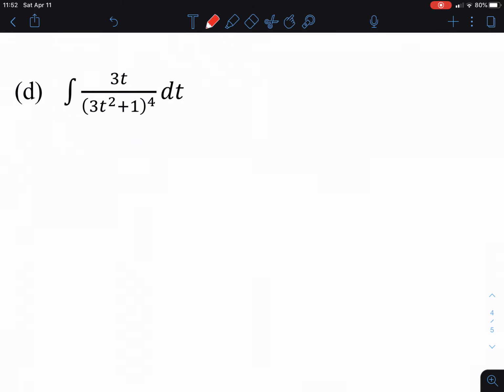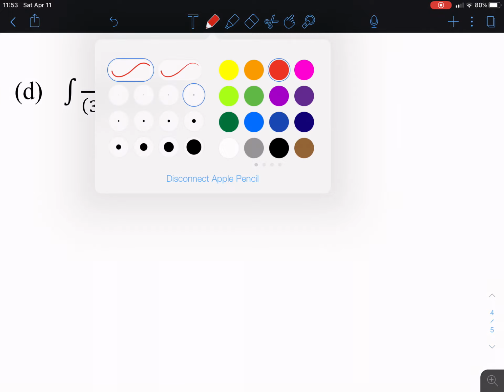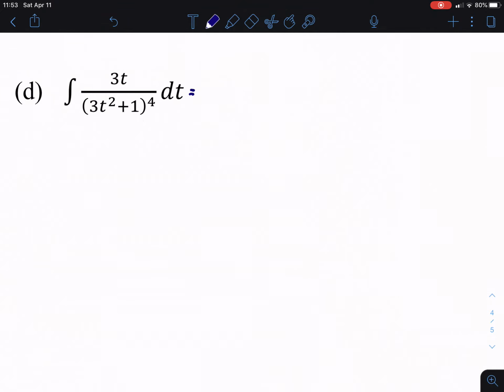Now then, this next example: I've got the integral of 3t over 3t squared plus 1 to the 4th power dt. What I am going to do first is rewrite this, bringing my function from the denominator up to the numerator with a negative exponent.